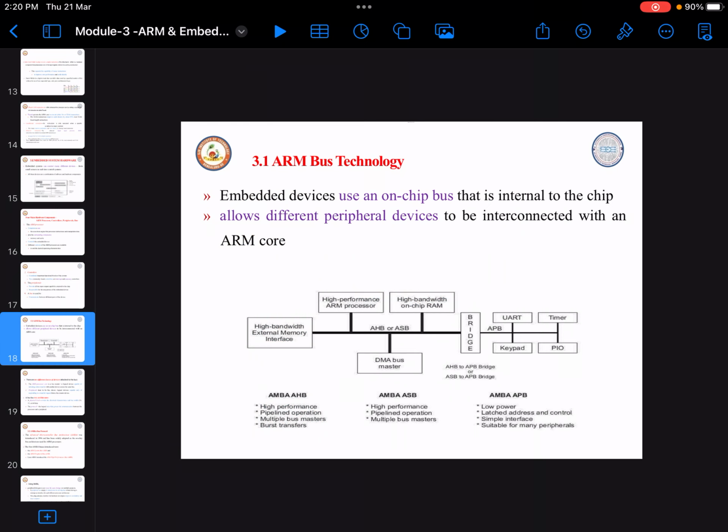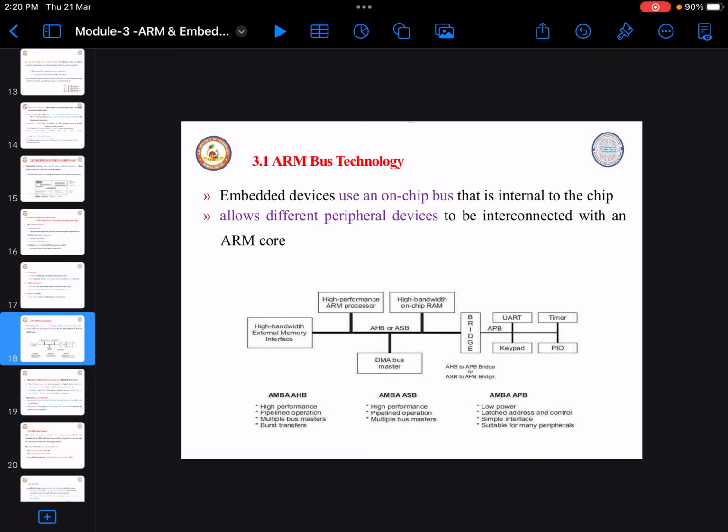Coming to bus technology, all embedded devices use an on-chip bus, which is internal to the chip, and it allows the different peripheral devices to be interconnected with the ARM core. In the diagram you can observe three different buses: AMBA AHB, AMBA ASB, and AMBA APB.